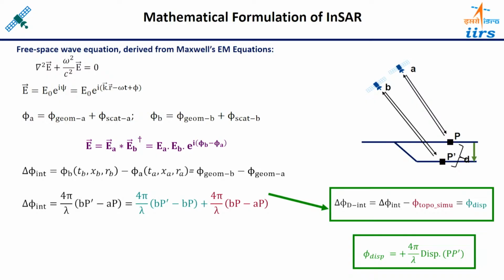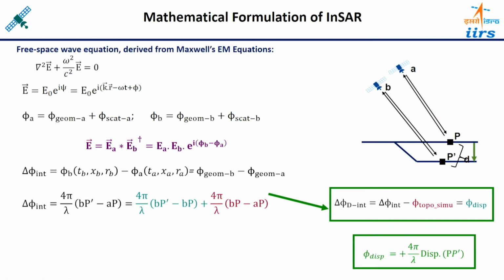We are assuming omega t is 0, but in reality it is something. Suppose the time gap is t1 to t2, so some time gap is also there, which you cannot ignore. So after considering these assumptions, we get this simplified form of the interferometric phase, which is the sum of the displacement phase and the topographic phase.